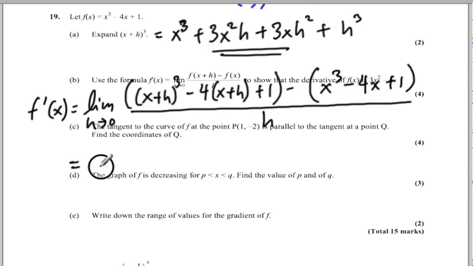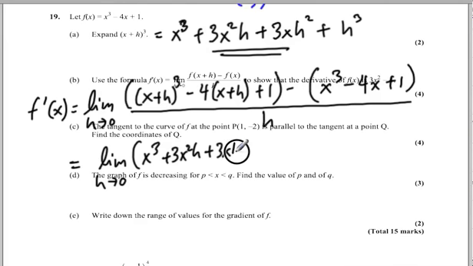Okay, so let me do this. So h goes to 0. So we need to expand this, but we already have that expansion over there, so I'm just going to use that. So that's going to be x cubed plus 3x squared h plus 3xh squared plus h cubed. So that's just the expansion of this.